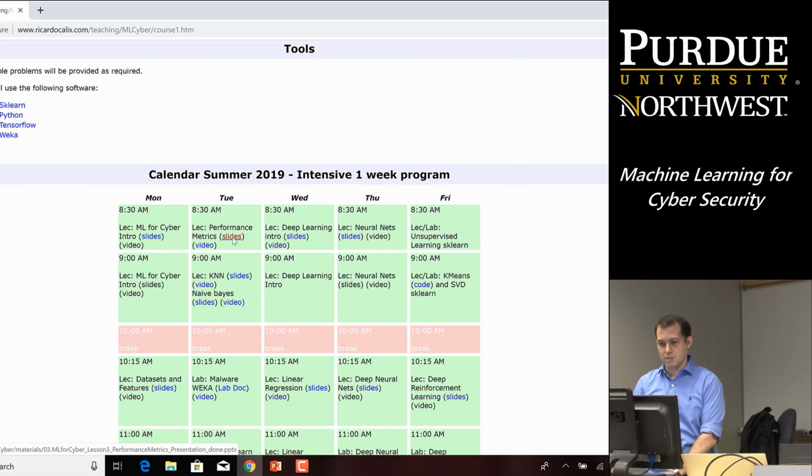These are the equations. The accuracy is just of all, how many were correctly classified. And then we can look at things like precision, recall, and the F measure. They're all related. But we'll see that tomorrow.